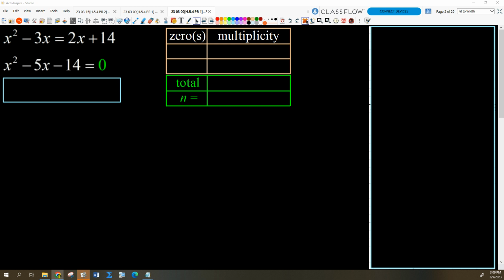Okay, which gives us that. What's the degree of that polynomial? 2. Okay, good, it's 2. So because it's 2, how many complex solutions are we going to get to that equation? 2, guaranteed, right? So let's get those now.